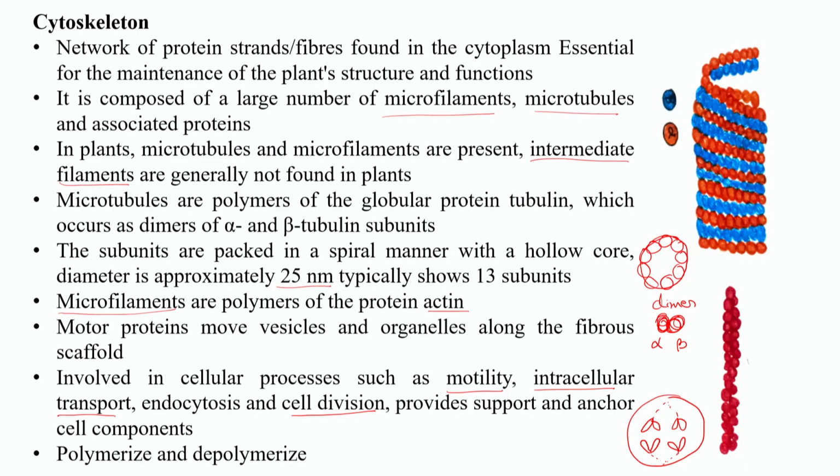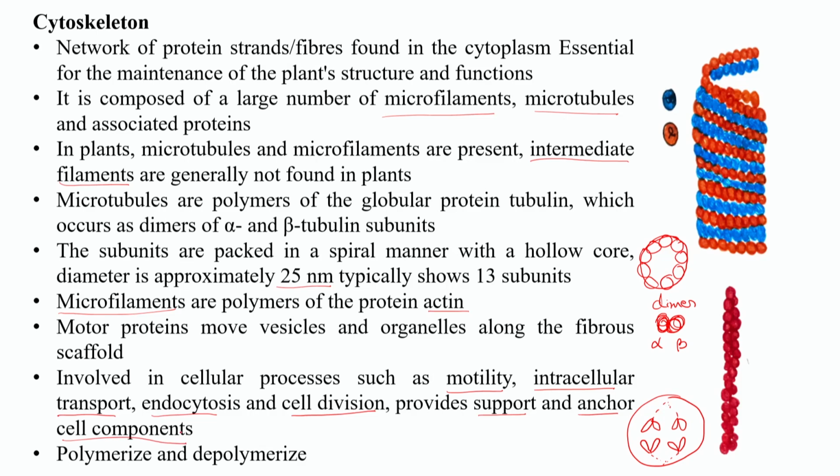Endocytosis is the engulfing of food particles and similar processes, but this is not applicable in many plant cells. They also provide support to the internal organelles and to the cell, and they anchor the cell components at their location.